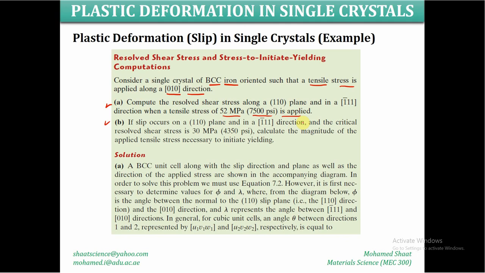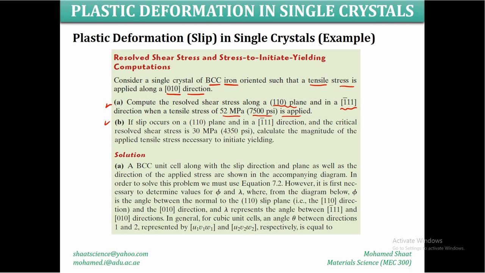As we discussed before, in the BCC crystal structure we have three possibilities for the slip system. One of the slip systems is the 1, 1, 0 plane and the negative 1, 1, 1 direction. So this is the slip plane and this is the slip direction already specified for this material. It is required to calculate the resolved shear stress over this slip system.